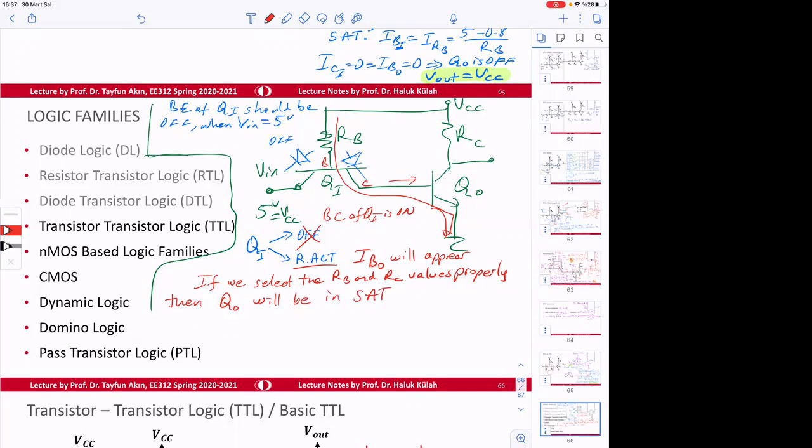If QO is in SAT, then V out is going to be equal to 0.2 volts. So we started with 5 volts as the input, output is 0.2 volt. So this is an inverter. Okay, so I mean we have an inverter.